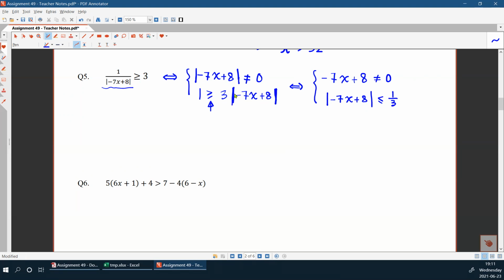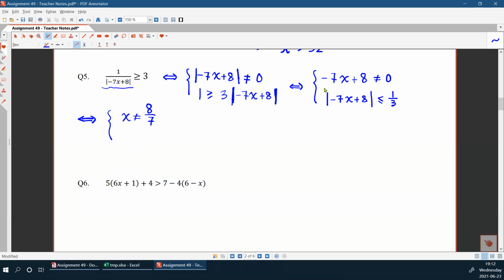Remember that 3 is a positive number, so we don't change the direction of the inequality symbol here. Okay, so next step is equivalent to, the first expression is equivalent to x cannot be 8 over 7, right? This ensures that -7x plus 8 is not 0.